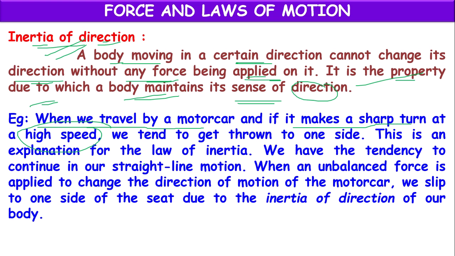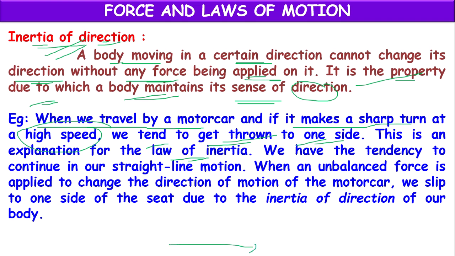We want to change the direction of the car, but our body still wants to be in the same direction. That's why we can observe slight bending of our body in that case. We tend to get thrown to one side. We feel that our body is thrown to one side. This is because of inertia of direction.